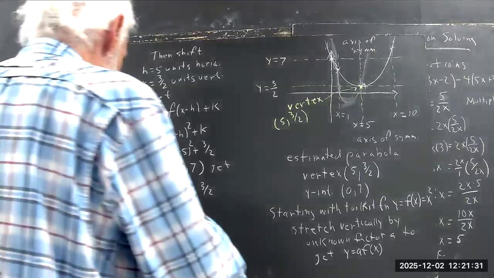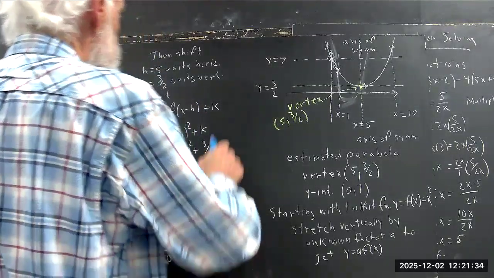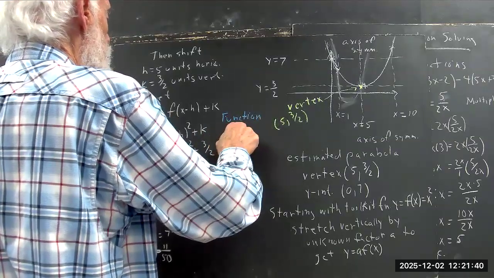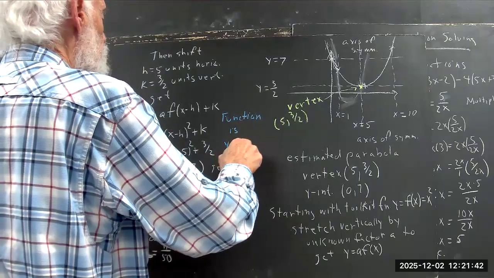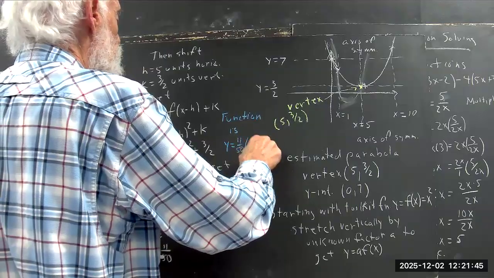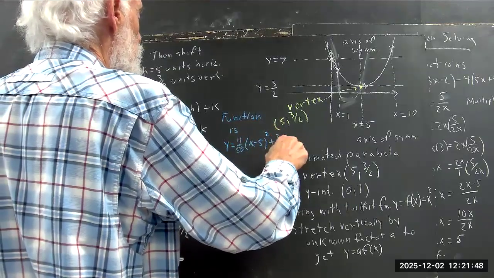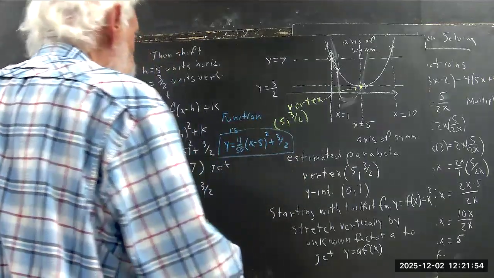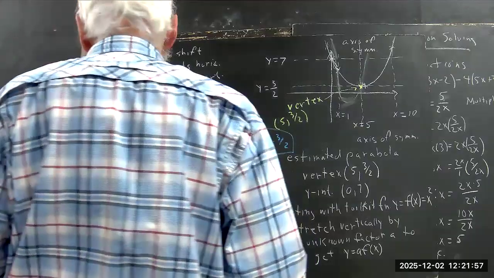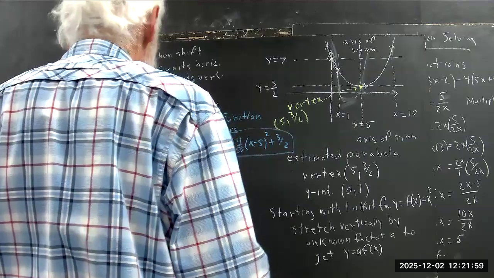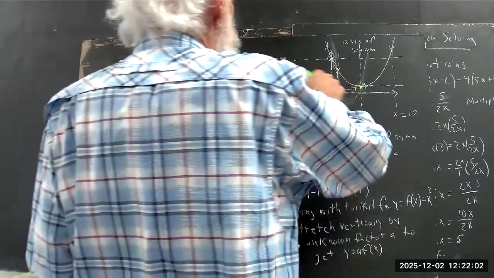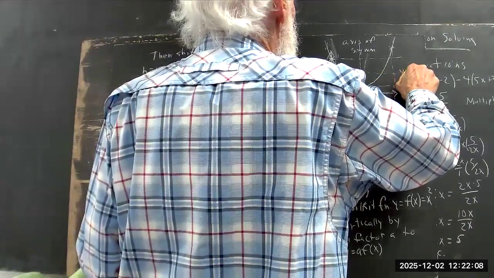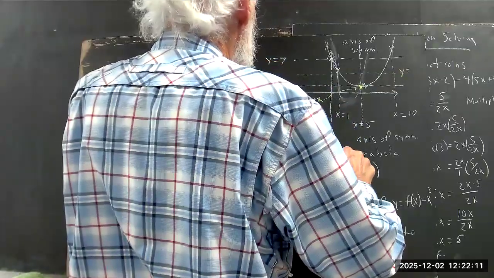So now our function is y equals 11/50 of (x minus 5) squared plus 3 halves. So now we want to find, let's say that y here is equal to 4.